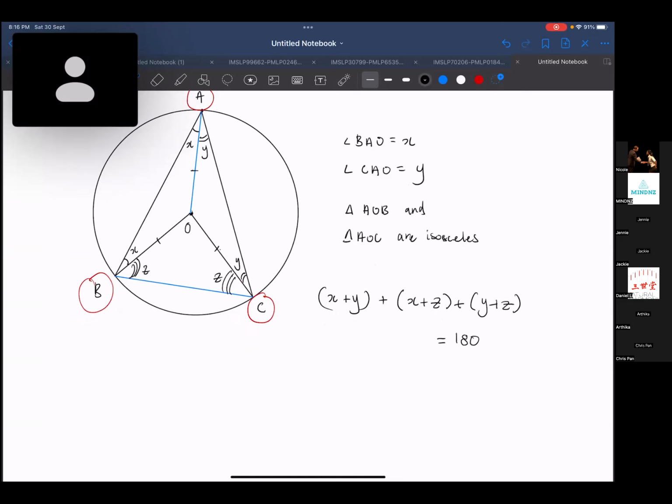And then if we write this out more, we get 2x plus 2y plus 2z equals 180 degrees. Okay. Have we all got that?